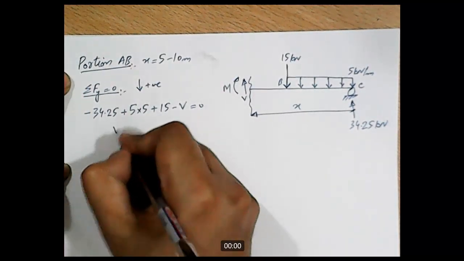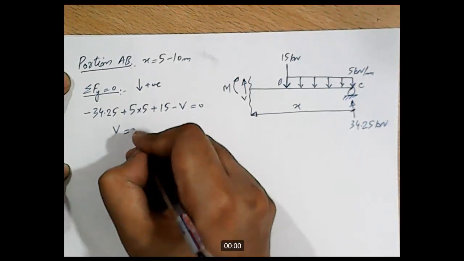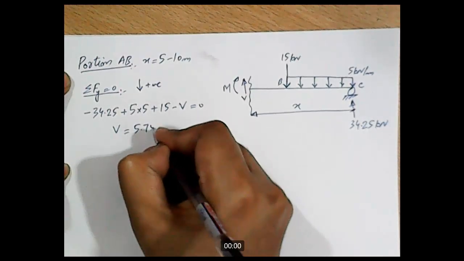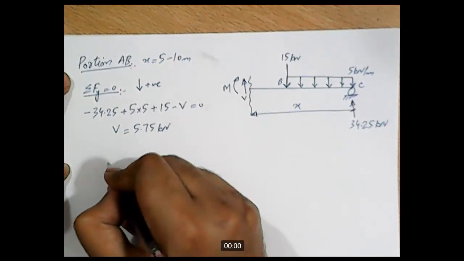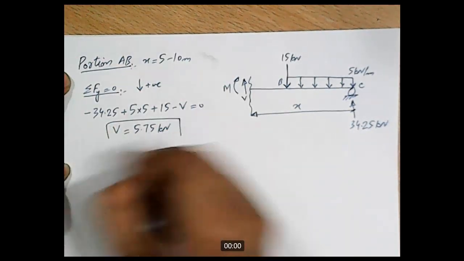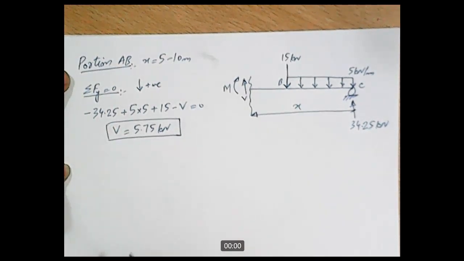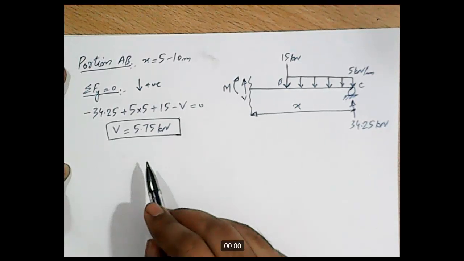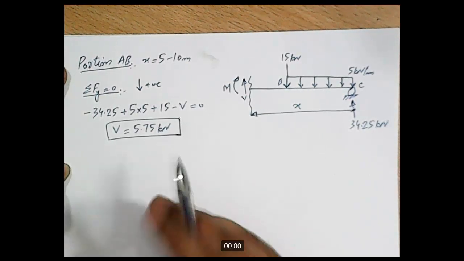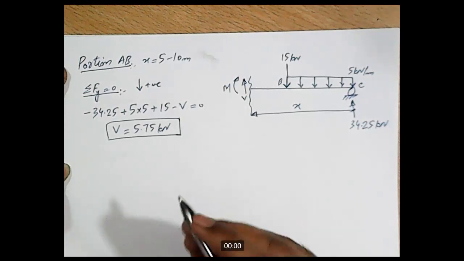If I rearrange this equation and solve it, I get V is equal to 5.75 kilonewton. So this is the value of shear for portion AB, and it's a constant value, which means that we do not need to calculate this value separately for point A and point B.